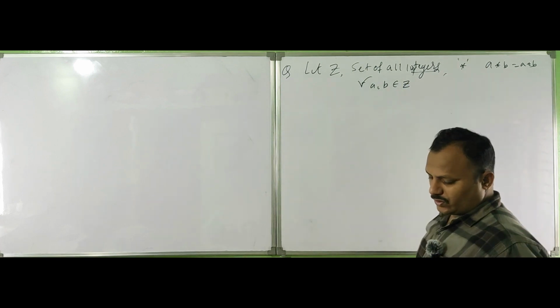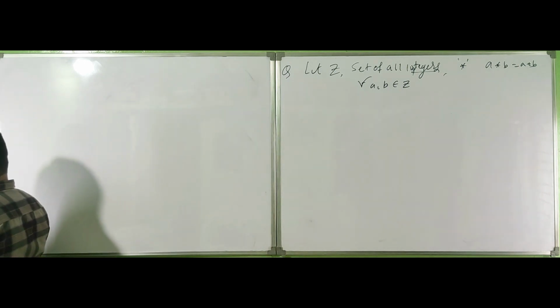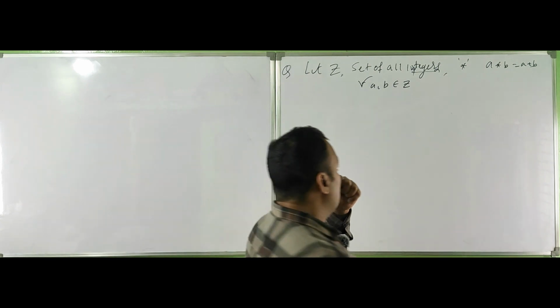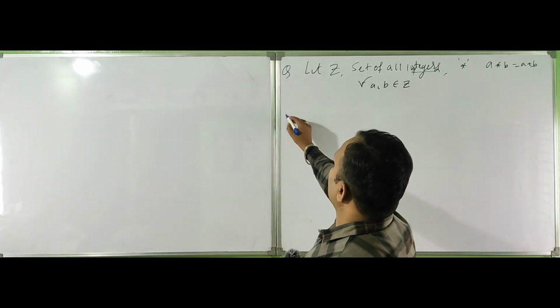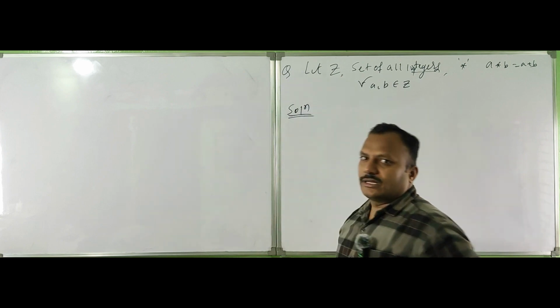Then you have to show commutative, associative, identity element and inverse element, so that it is an abelian group.